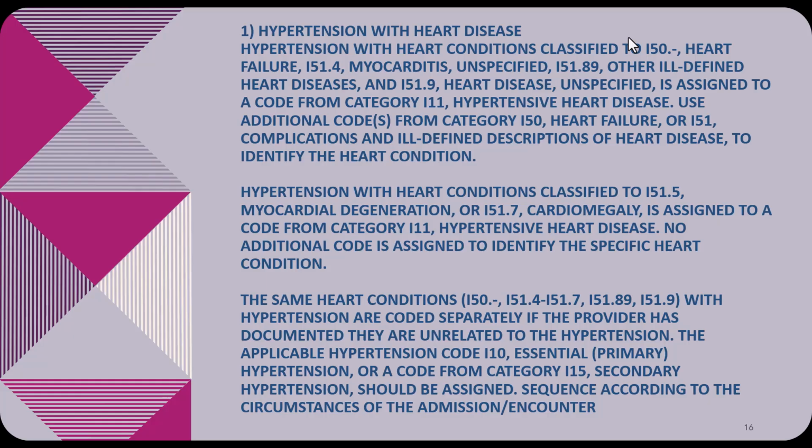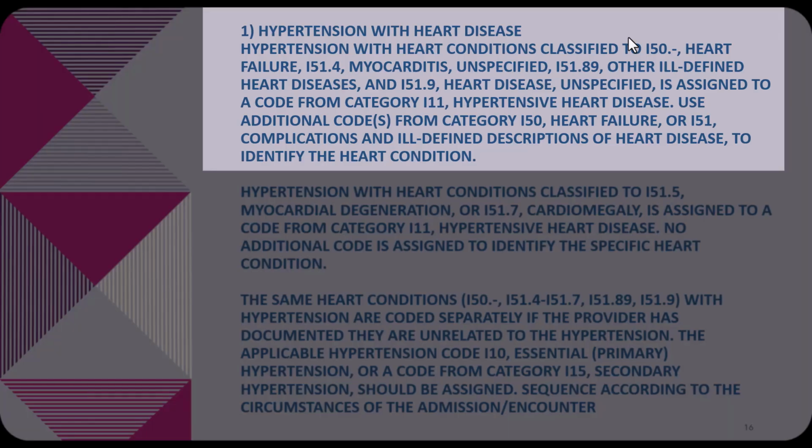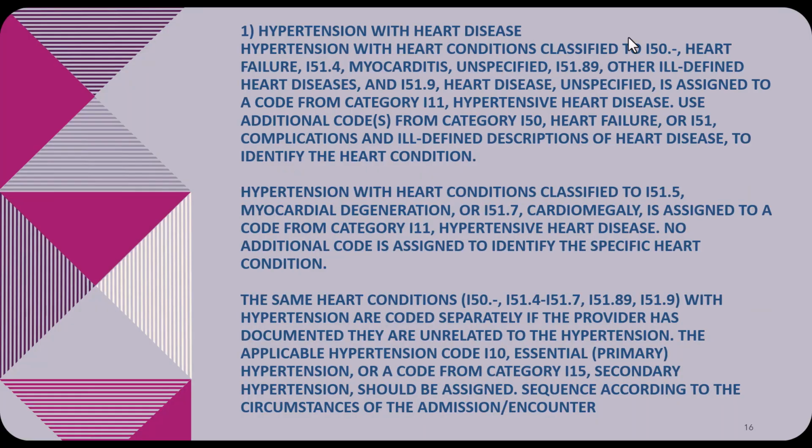They're saying hypertension with heart conditions classified to I50, heart failure, I51.4, myocarditis, I51.89, other ill-defined heart disease, and I51.9, heart disease unspecified, is assigned a code from I11, hypertensive heart disease. Use additional codes from I50 for the heart failure or I51 for any complications or ill-defined description of heart disease.